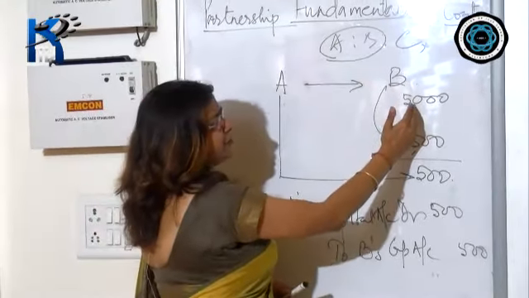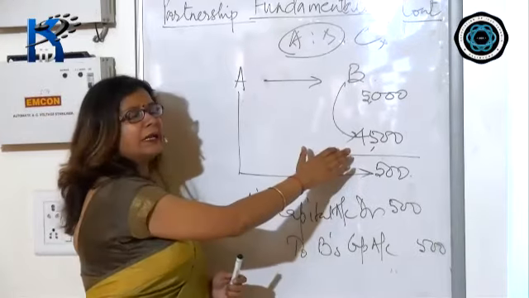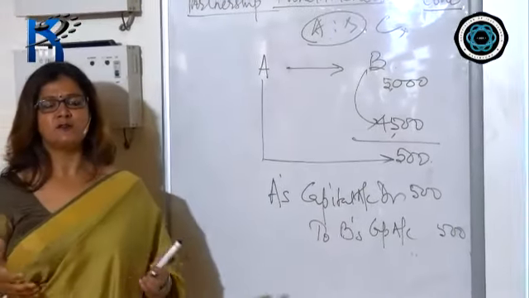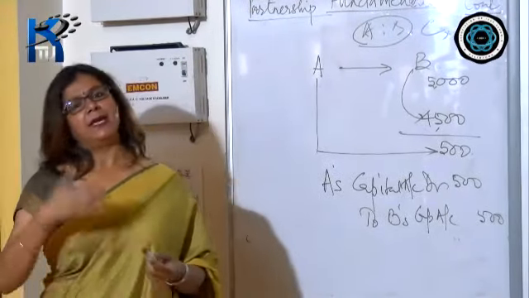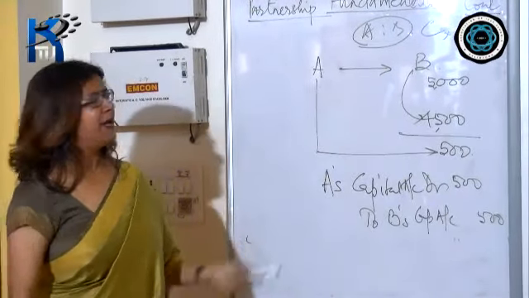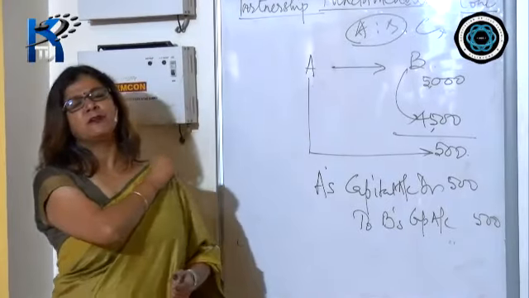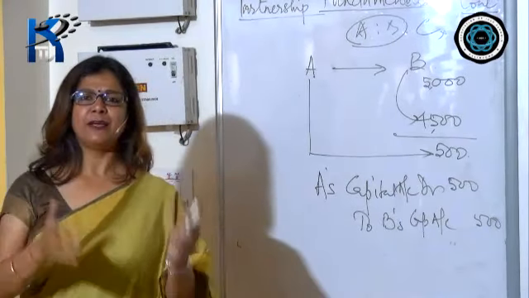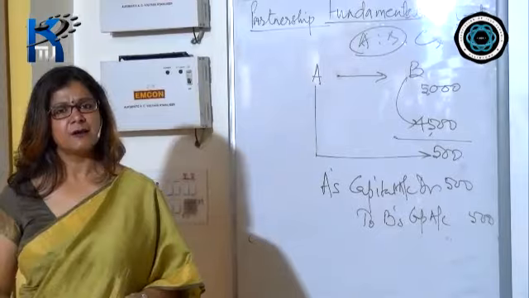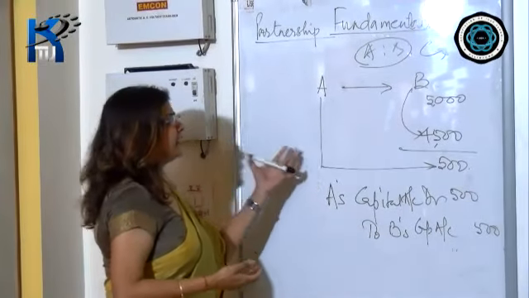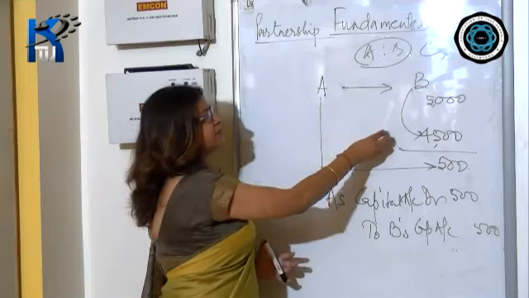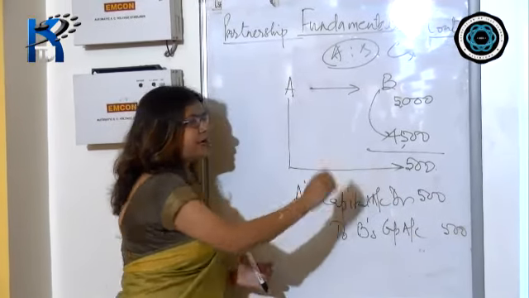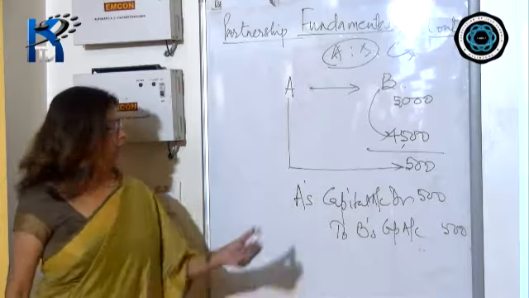Supposingly, B was guaranteed 5,000 and B, after all calculations, is getting 6,000. So, there is no deficiency. So, in that case, B will be given 6,000 and A will not have to do anything because actually the minimum guarantee was 5,000, but he is actually getting 6,000. So, A will not do anything, B will get 6,000. If there is a deficiency, A bears from his pocket and he gives it to B, and the journal goes like this.